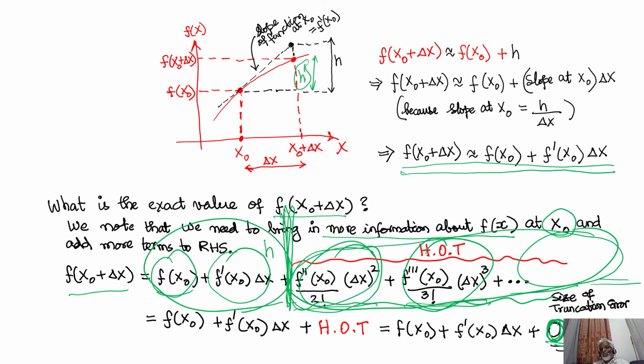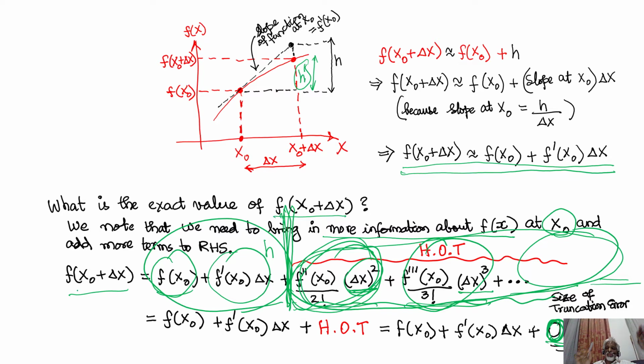So what are we going to leave behind? What are we going to truncate? The part that we are going to truncate, the leading term has this delta x squared. And because delta x squared is going to be larger than delta x cubed, which is going to be larger than delta x to the power of 4, when we drop the higher order terms, the truncation error is dominated by the first term, which is of the order of delta x squared. So that is what the meaning of this is.